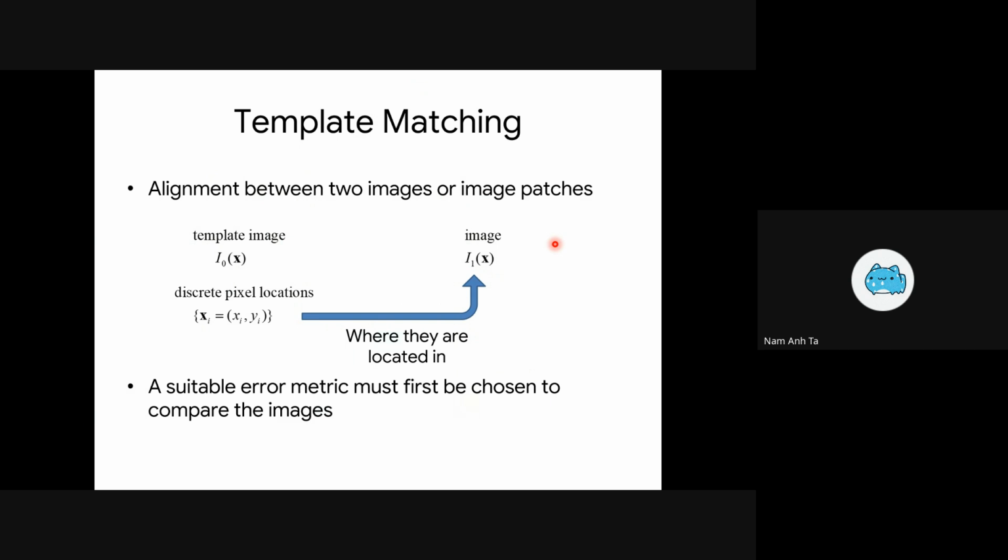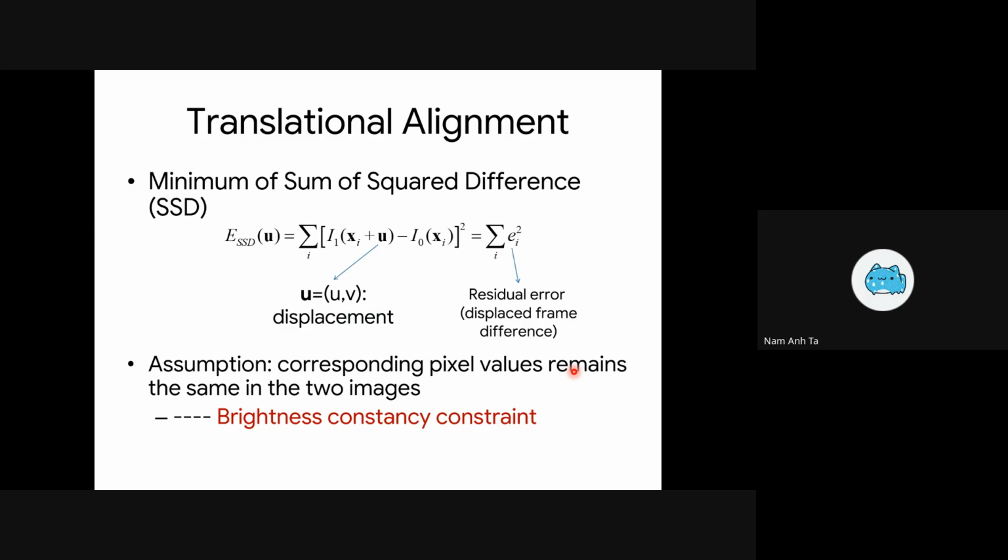But to do this effectively, we need a mathematical standard so we can judge whether the result is good or bad. This is when we need an error metric, specifically a way to measure how wrong or right our alignment is. So how can we mathematically define a good match between two frames?